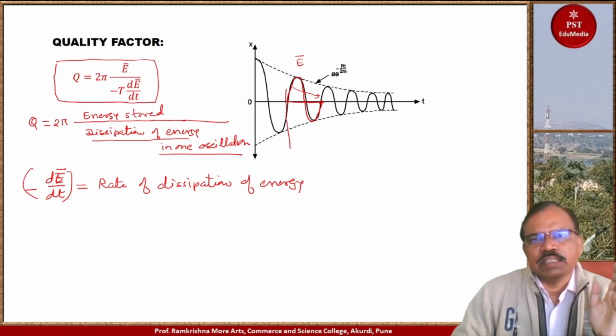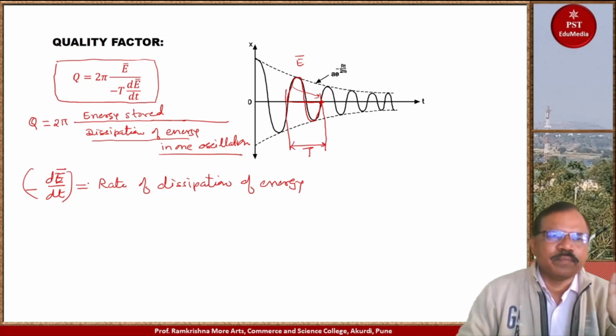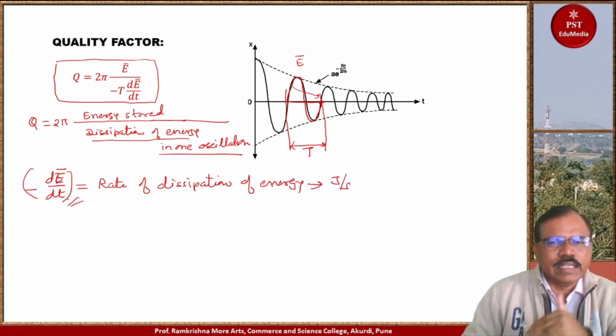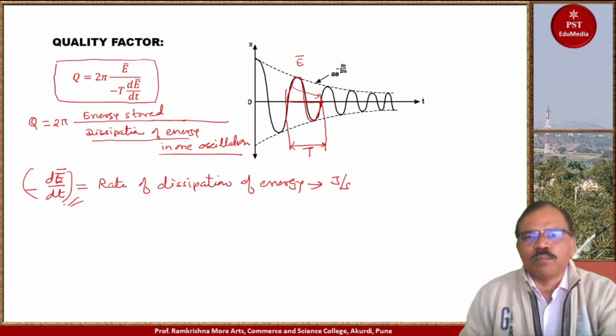From here to here we have one oscillation. The time required for this one oscillation is T. The rate is joules per second, decrease in energy per second, into time, and that gives you energy.